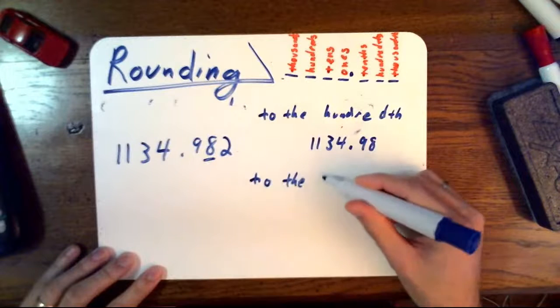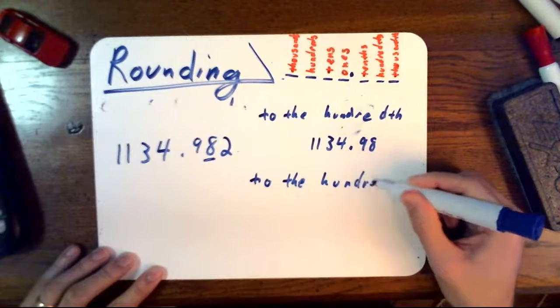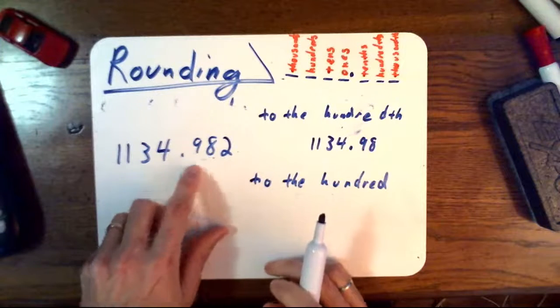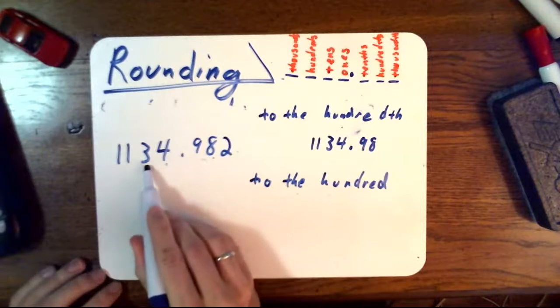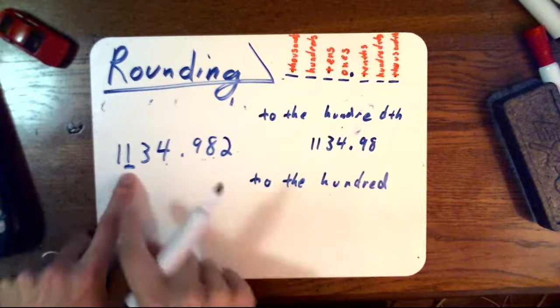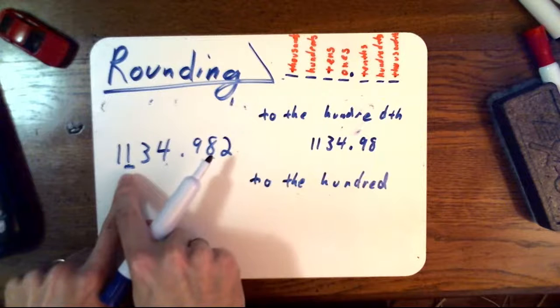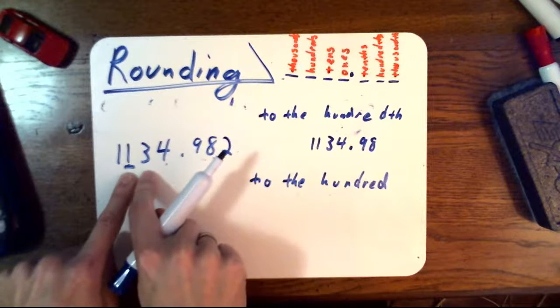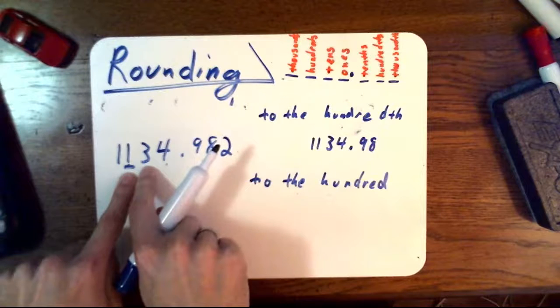So now if we round to the 100, first we have to identify the 100 position. We have ones, tens, hundreds. So this is the position we want to round. What do we have to do? We look to the next number to the right. Is this 5 or greater?